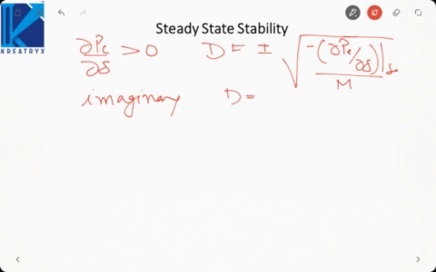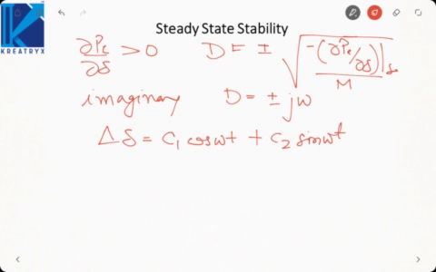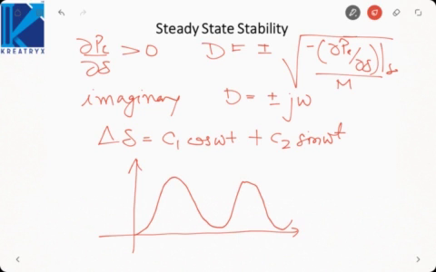Let us say D is equal to ±jω. Then Δδ will be written as c1 cos ωt plus c2 sin ωt. Since cos and sin terms are coming, that indicates that the response of the system is oscillatory. How will it be? Like this. So here we have oscillations which are bounded. Since it is bounded, the system is stable.